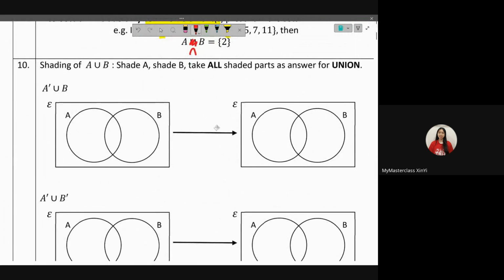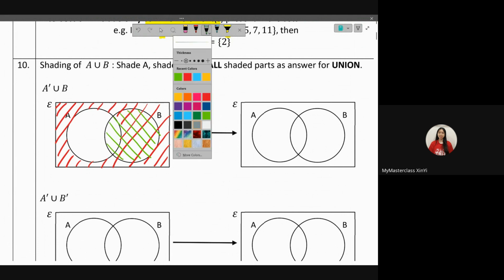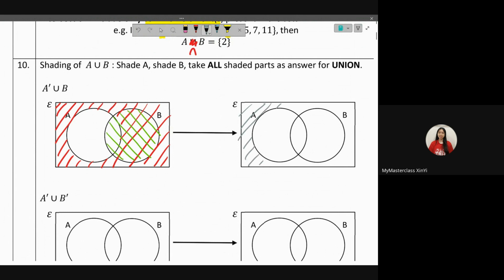A prime is whatever is outside of A, so you shade whatever is outside of A. Union with B: now you shade B. Union means you take whatever is shaded, so in this case what you should shade is everything here for union.